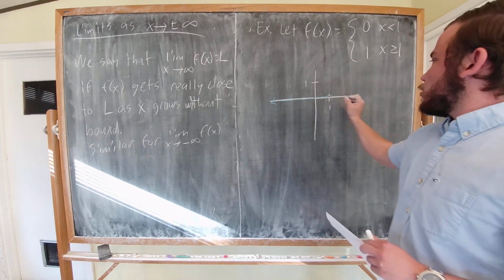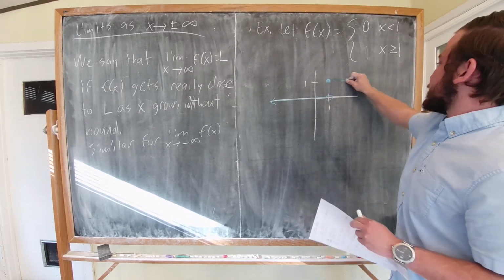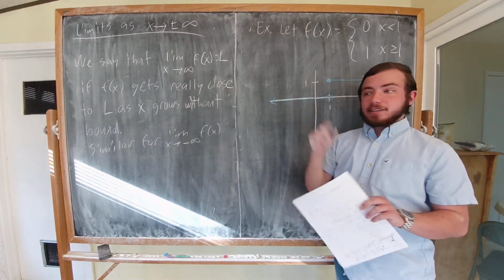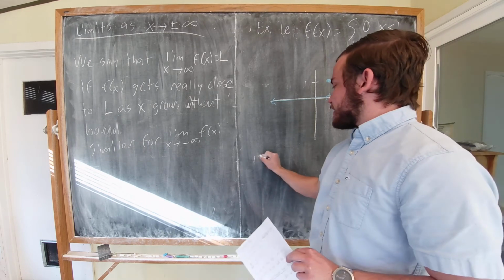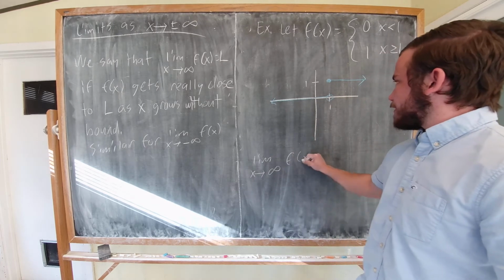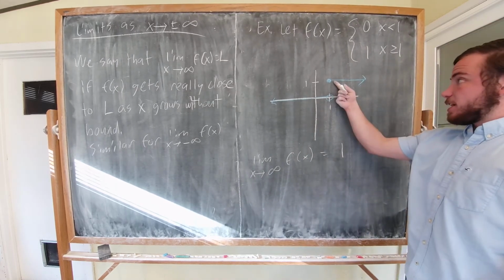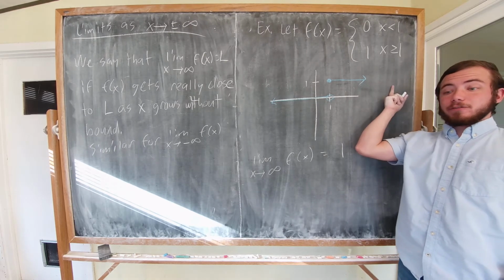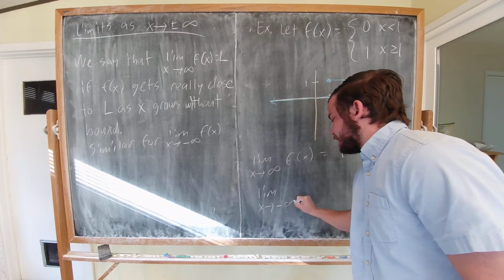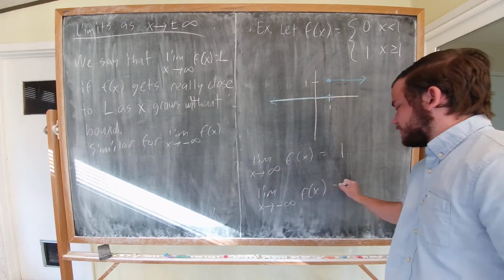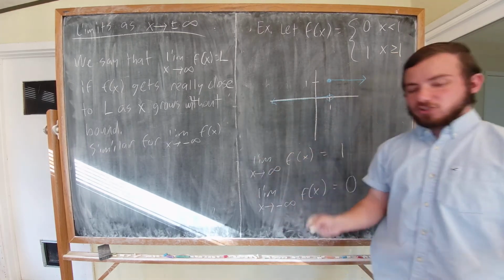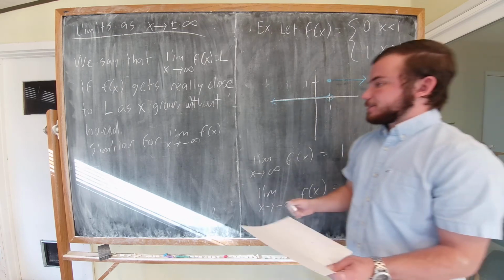Goes all the way to 1. Open circle there. Even though the limit at 1 doesn't exist, the limit everywhere else does, and in fact, the limit as x goes to infinity of f of x is positive 1, since we're always on the positive 1 branch, the further and further we go up. And the limit as x goes to negative infinity of f of x is 0, since from here on we're in the 0 range. So that's nice.